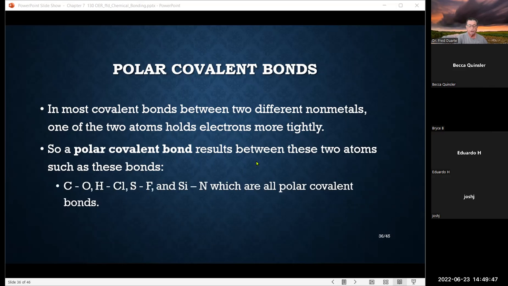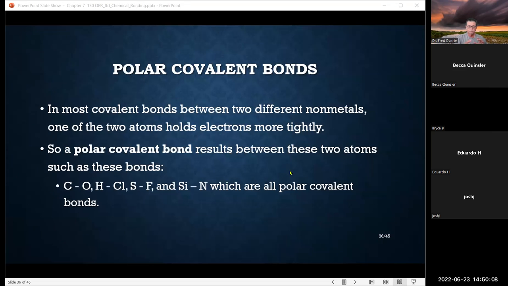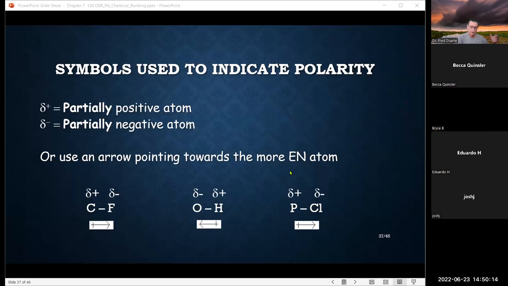If we look at bonds like carbon, oxygen, hydrogen, chlorine, sulfur, fluorine, silicon and nitrogen, all of these are polar covalent bonds, simply because they're two different nonmetals, and one of them has a lot higher electronegativity than the other.